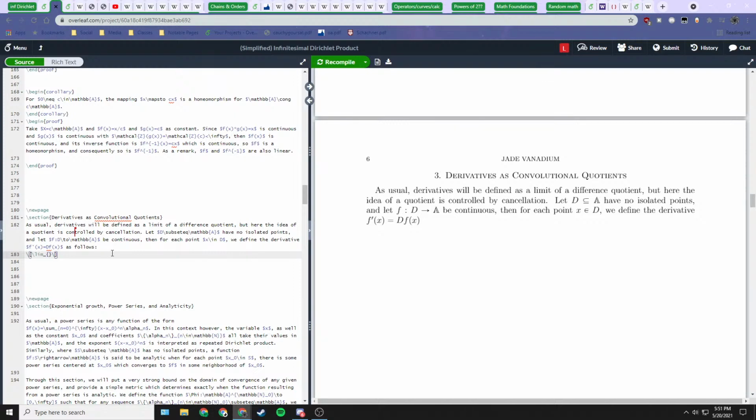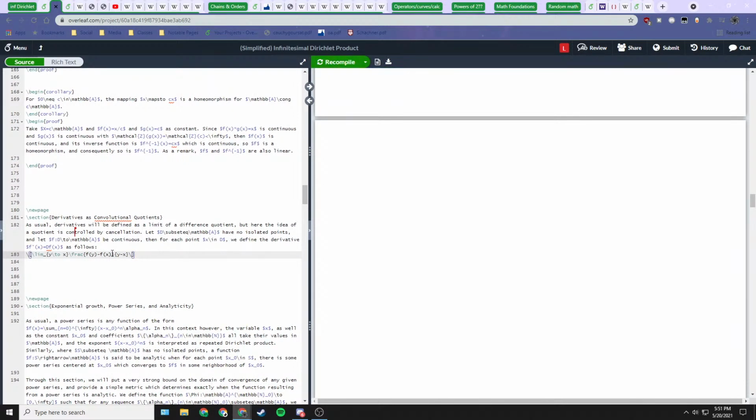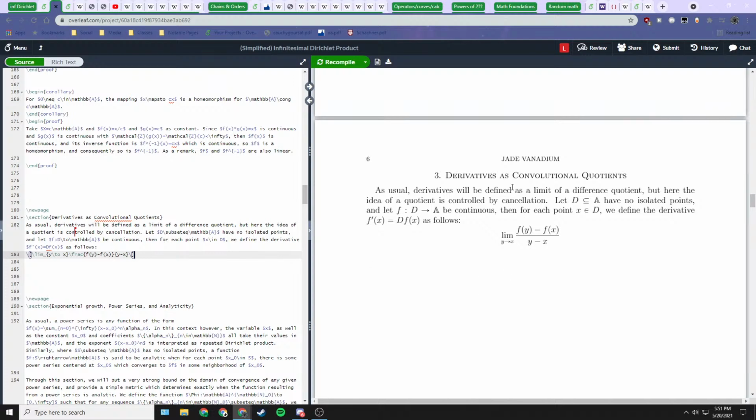So we'll start out with this standard definition. Let's do the limit as y goes to x of the standard fraction: f of y minus f of x over y minus x. So this is a standard one variable limit, and f prime of x is defined as equaling this thing.